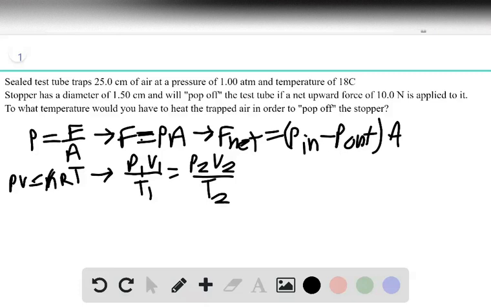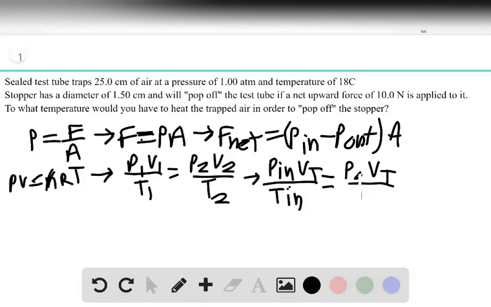Okay, so 1 is going to be inside the tube, and 2 is going to be where it started. So I'm going to rewrite this. P in V tube over the temperature inside equals P naught V tube over T naught.